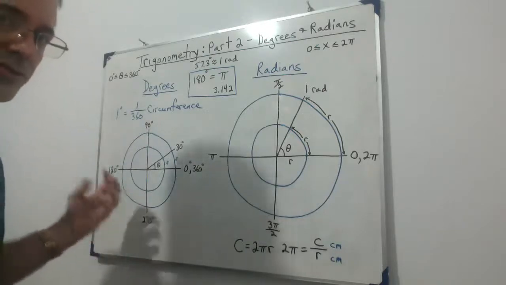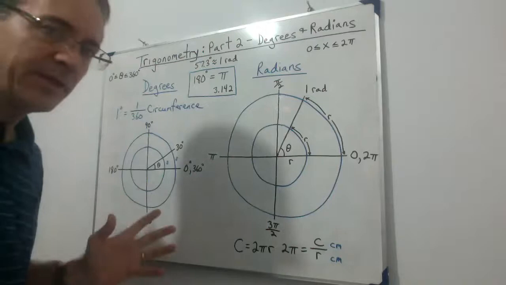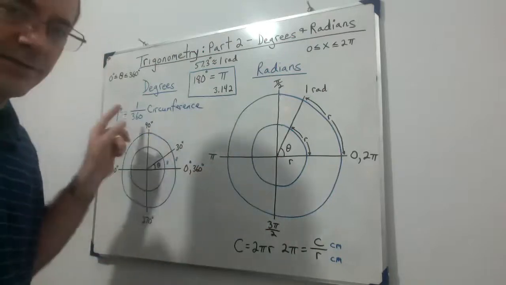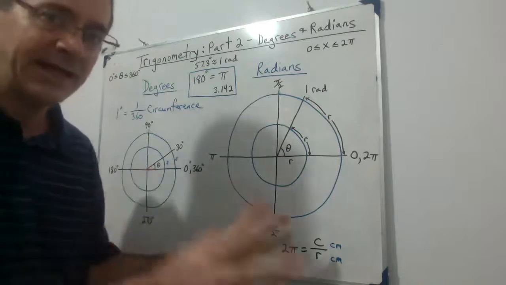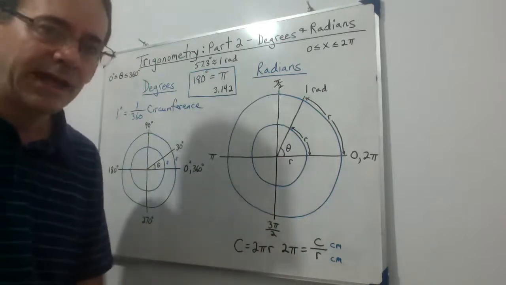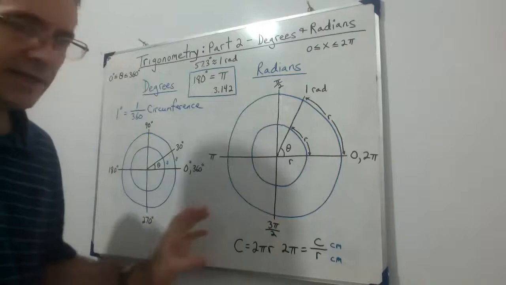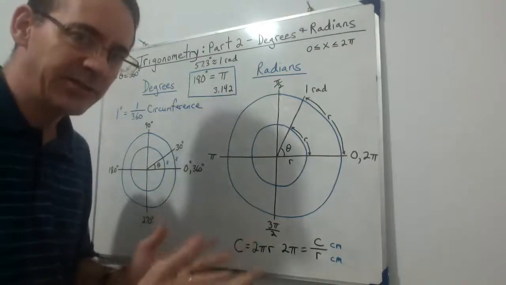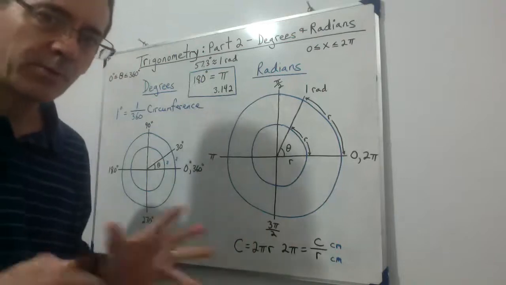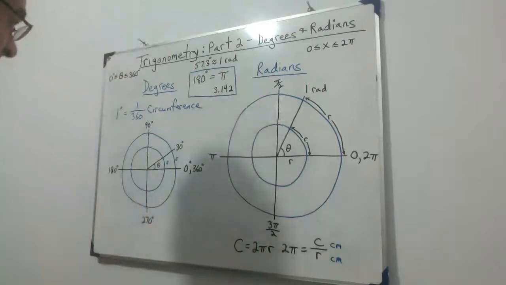So if you use degrees in a formula, you have to keep track of that unit. It makes it more difficult when you start applying it, especially in areas of science. So we're going to come back to that and show why radians is a non-unit unit. But we're going to start with the degree system.